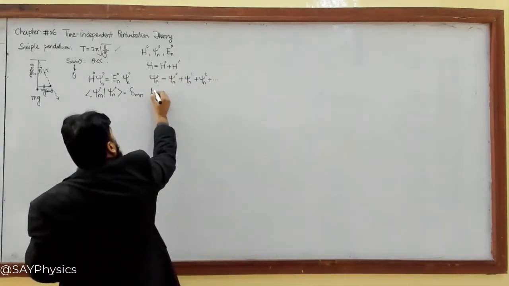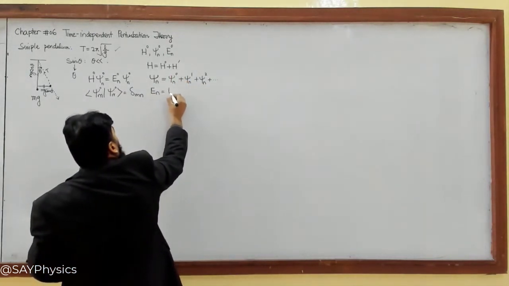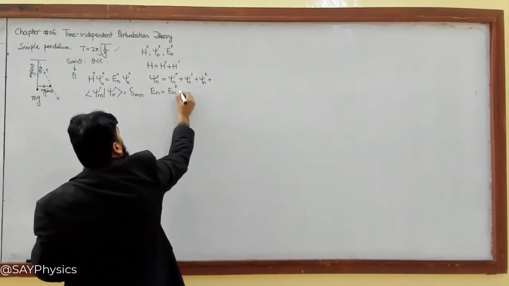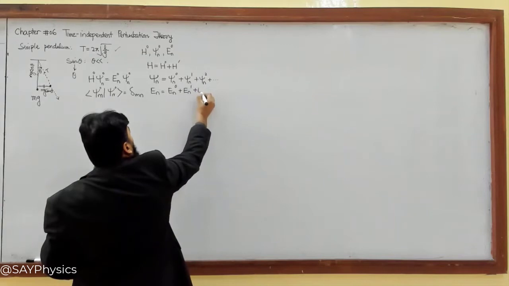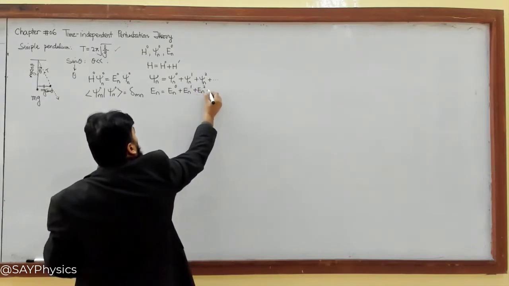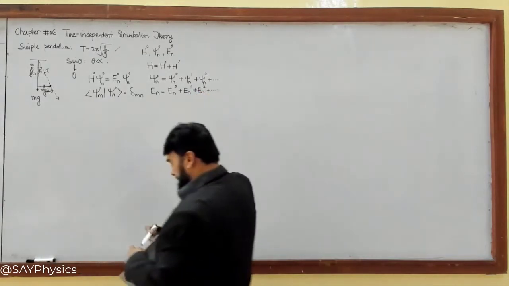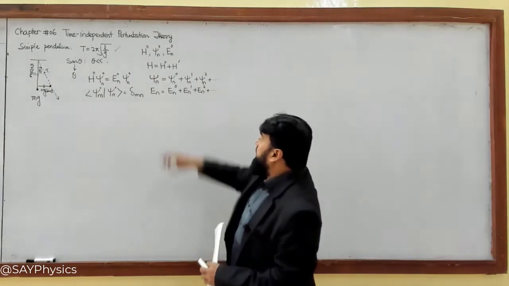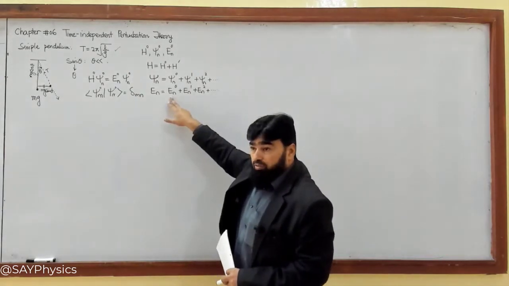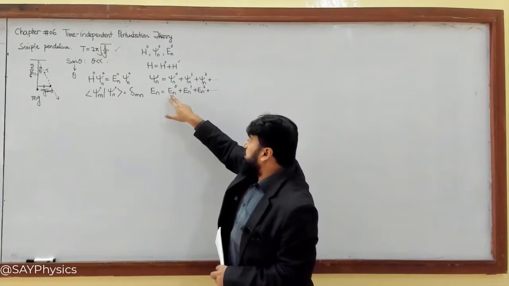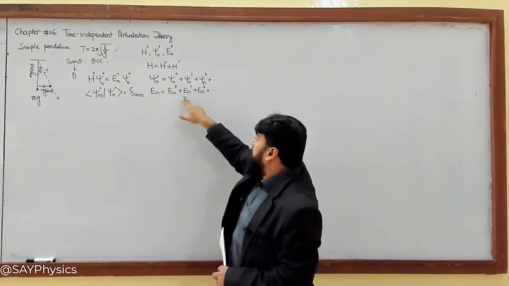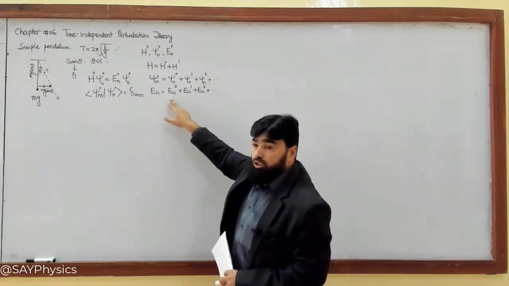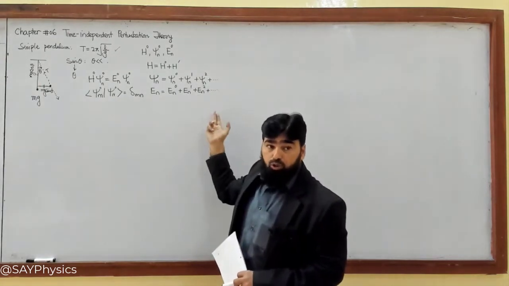Similarly, the energy En will be equal to the normal energy plus En1 plus En2 and so on. The energy will also get modified, and this is the normal, unperturbed energy, and these are the corrections to this energy in the perturbed situation.